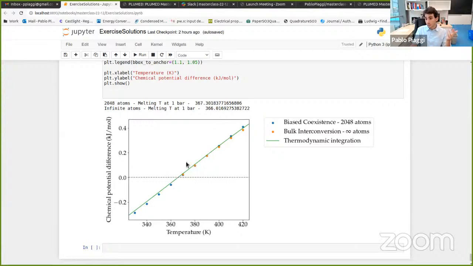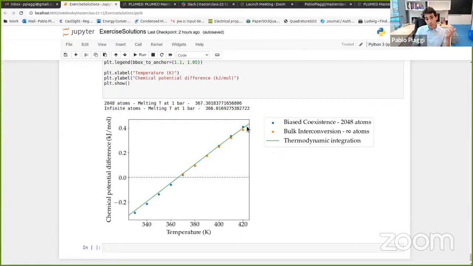And the reason behind this, you see more systematic errors if you go farther from the coexistence temperature. And this is showing one of the weaknesses of the biased coexistence method, that is that it depends a bit on the order parameter. So here, the one that we chose, the analysis depends on the order parameter besides the actual biasing.